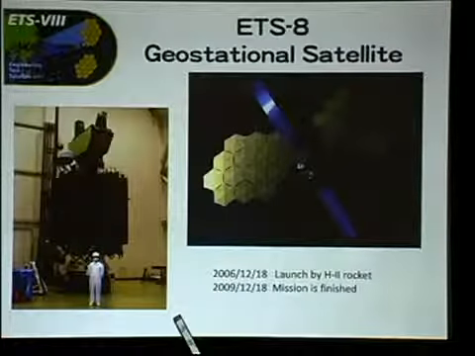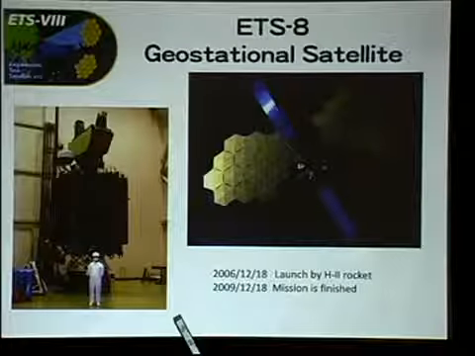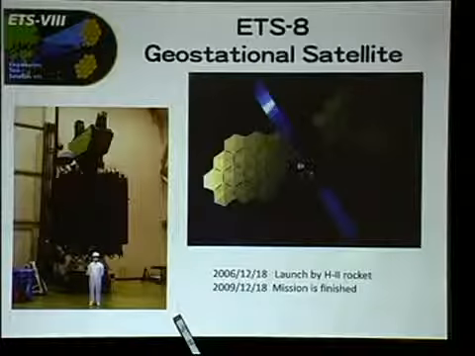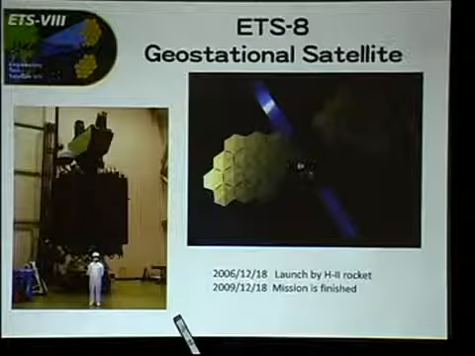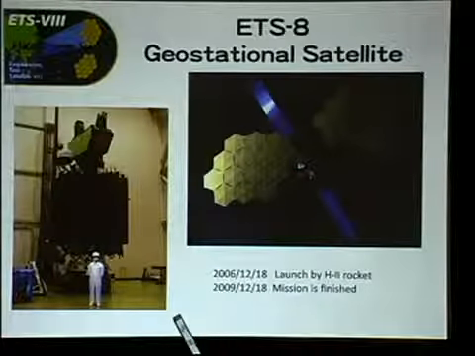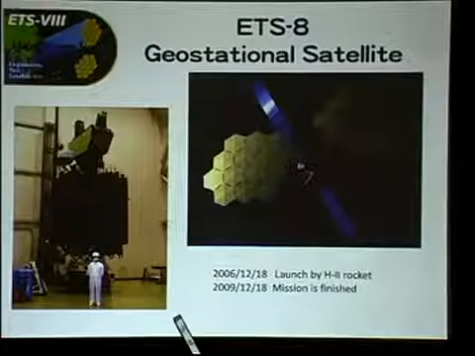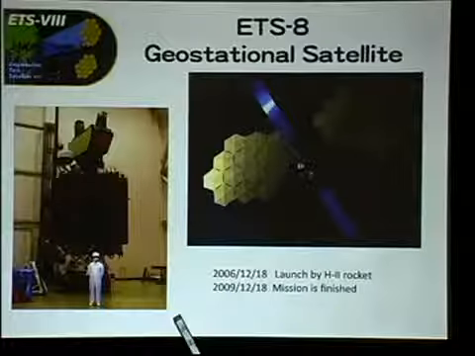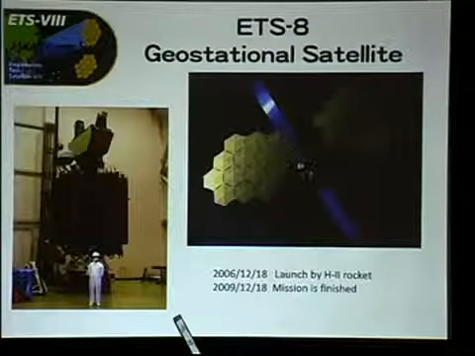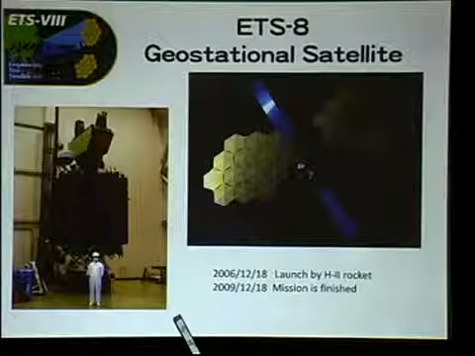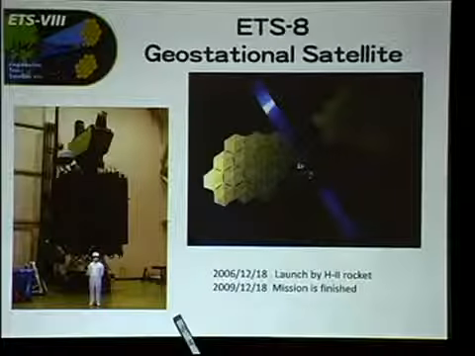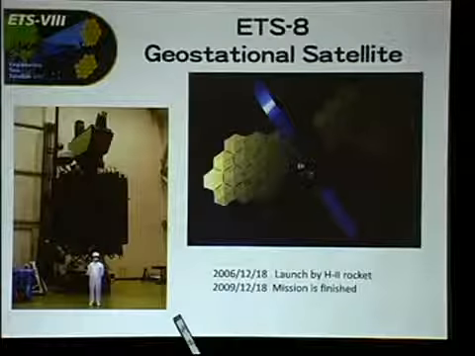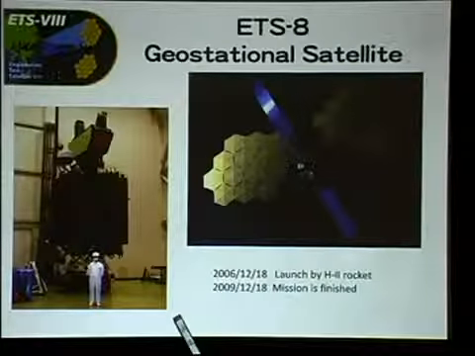So maybe you know this is a Japanese geostationary satellite called ETS-8. It has a very big pair of antennas, and the diameter is about 15 meters, so it can radiate 2.5 gigahertz.